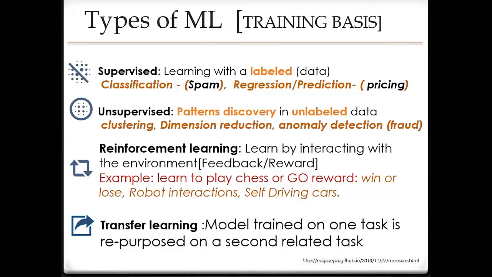Compared to supervised and unsupervised, its application is not so much, besides the recent case of how the Go champion was beaten a few years ago by AlphaGo, developed by DeepMind. But reinforcement learning is also used in self-driving cars and in robotics.